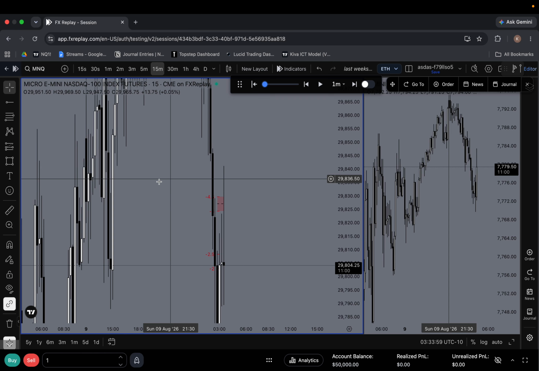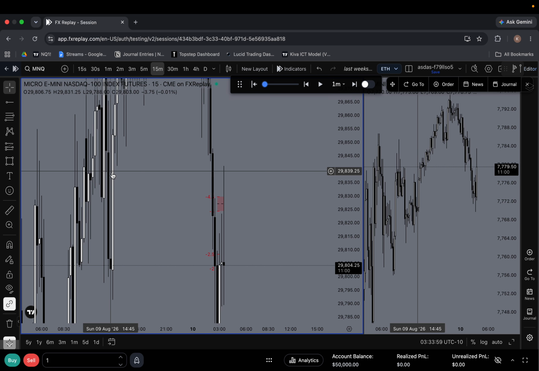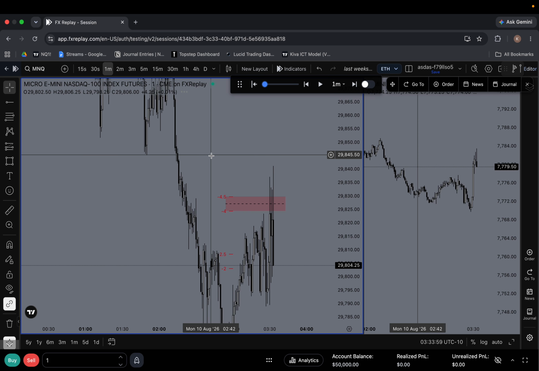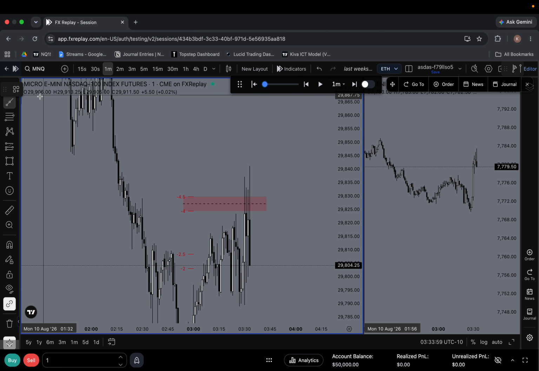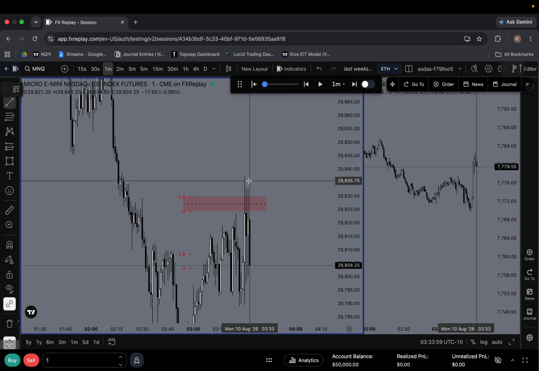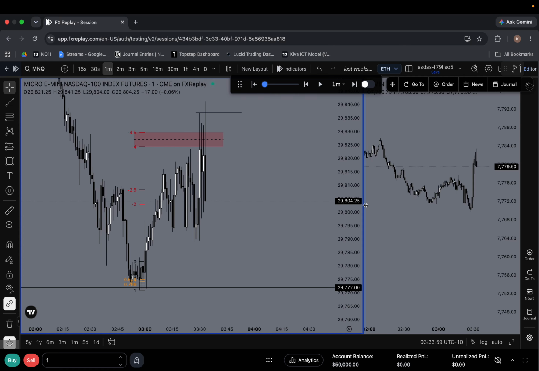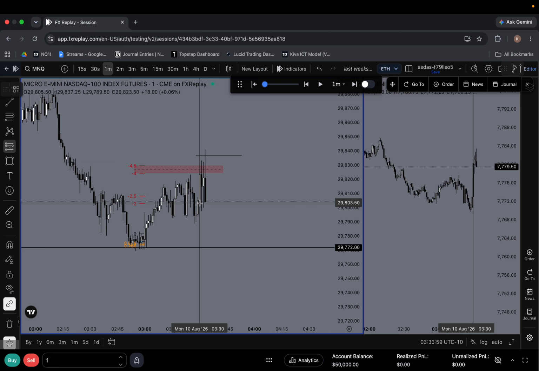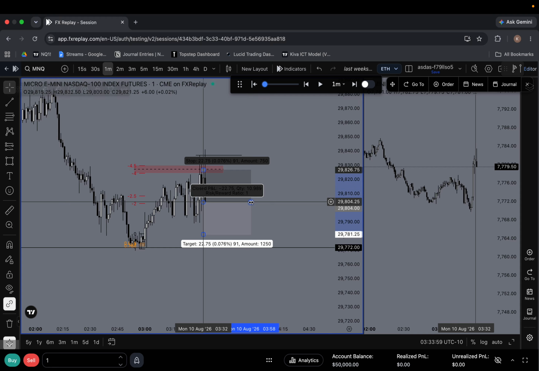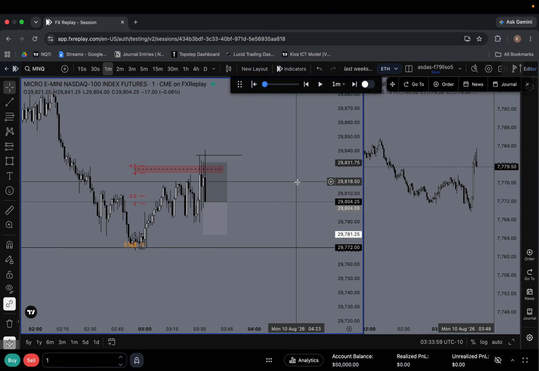We're inside of a BPR here, where we have a fair value gap that gets closed below, and then another fair value gap there. On top of that, this high is not protected because we swept this high, which was inside of a fair value gap. So I can have a protected stop when I take this trade. Just put my stop below CE.